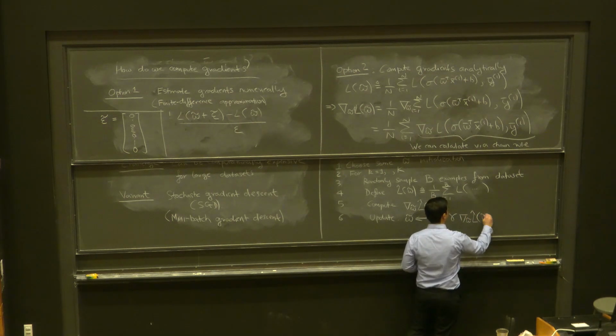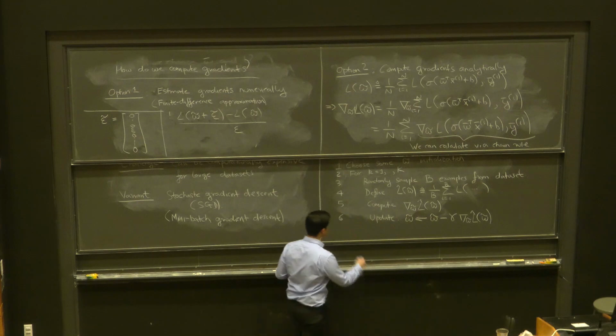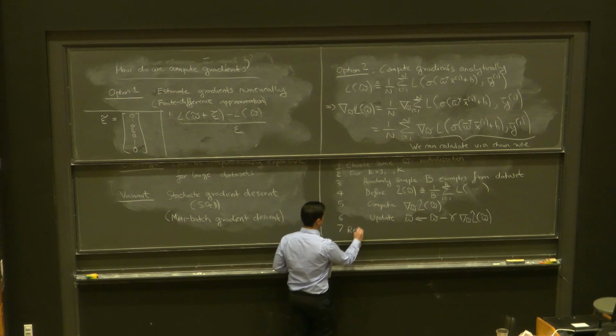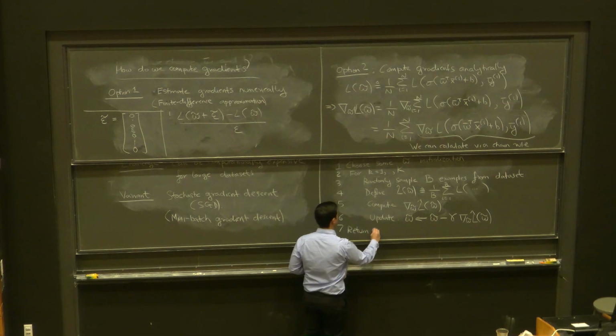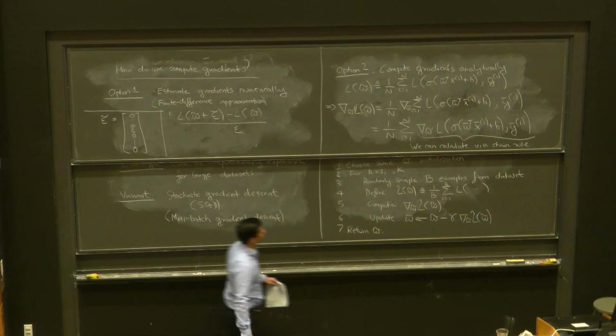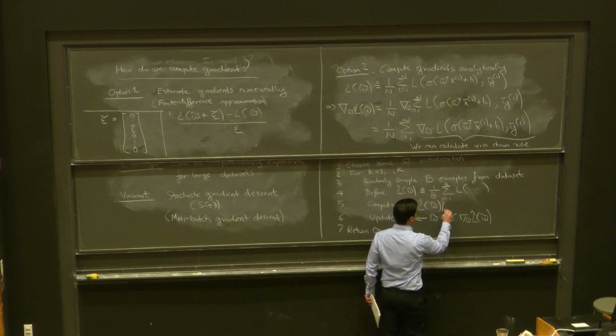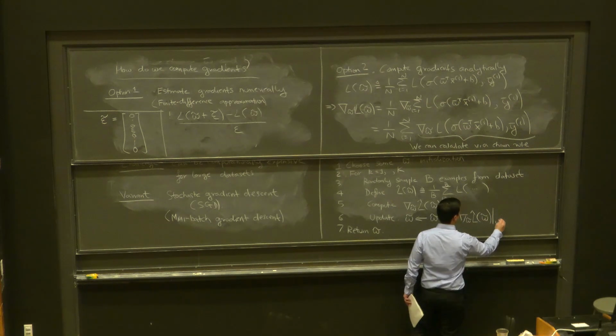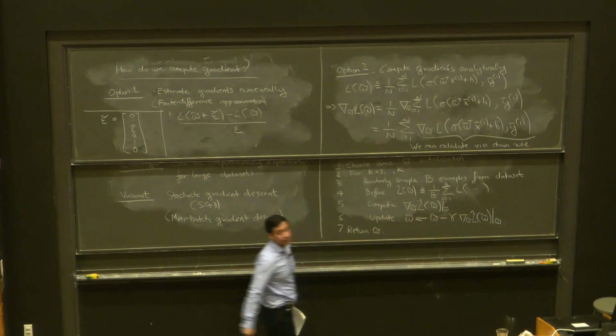And then just return W tilde. Actually, sorry, I keep forgetting the evaluation. We just evaluate at the current setting of W tilde.